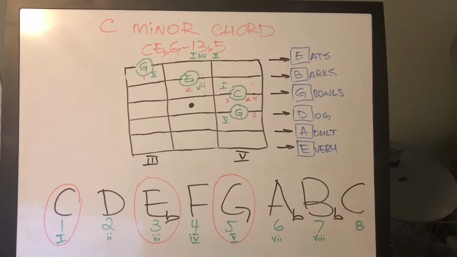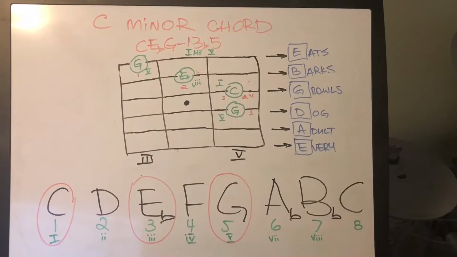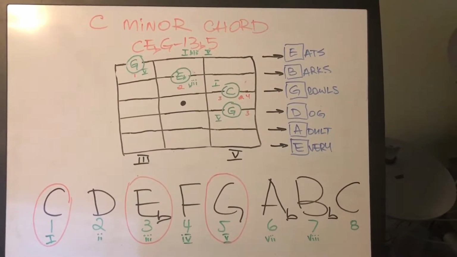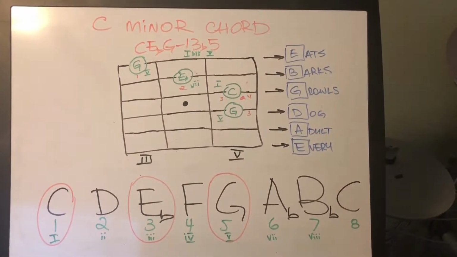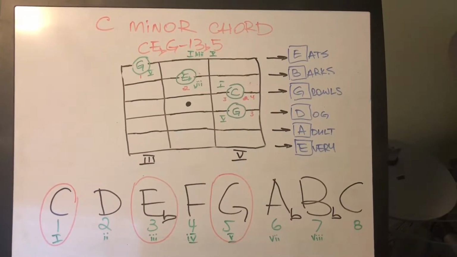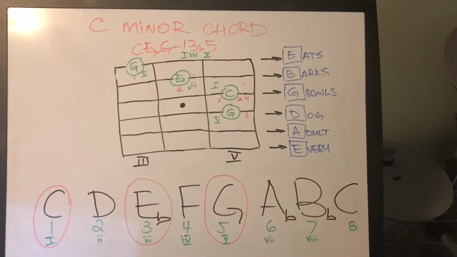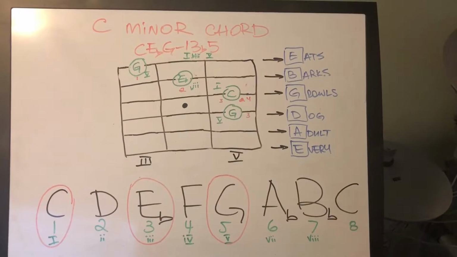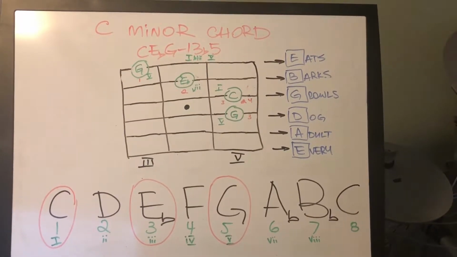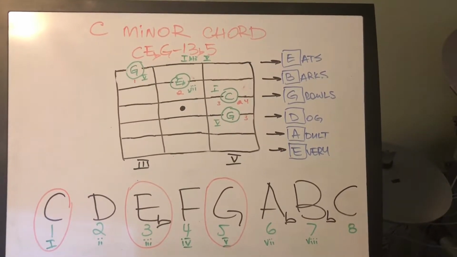Now the chord is built, as you can see on the chart, from the 1st, 3rd, and 5th degree of the scale. So you have 1, flat 3, and 5. So in this case, we have C, E flat, G that build the chord.